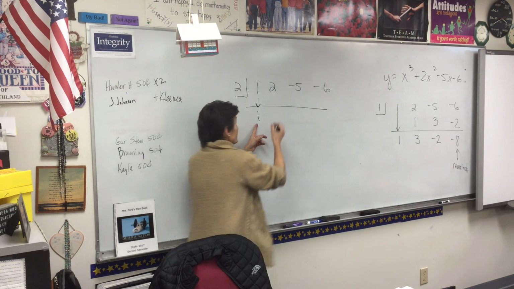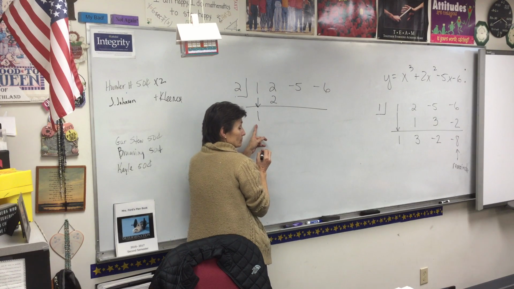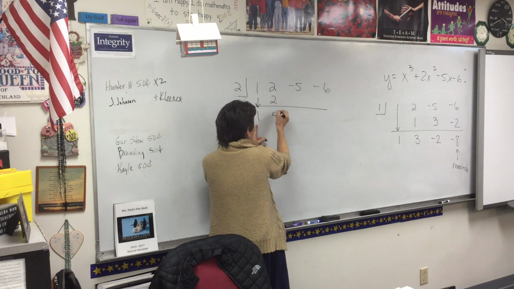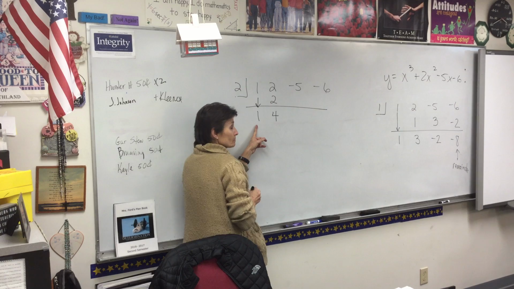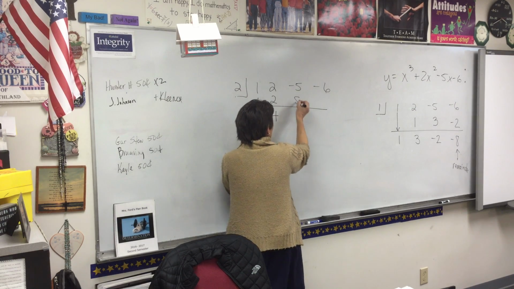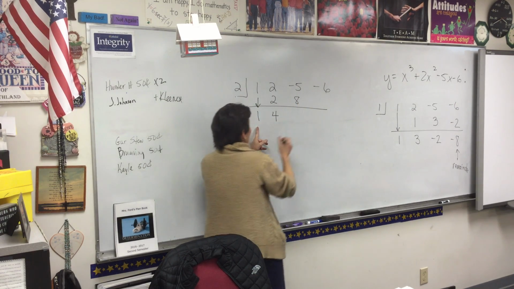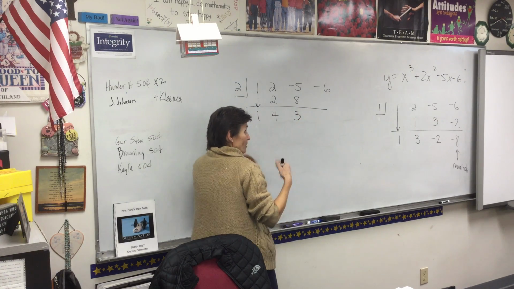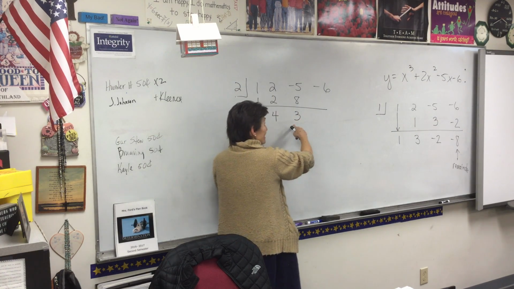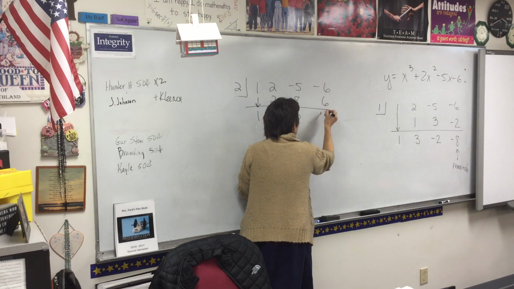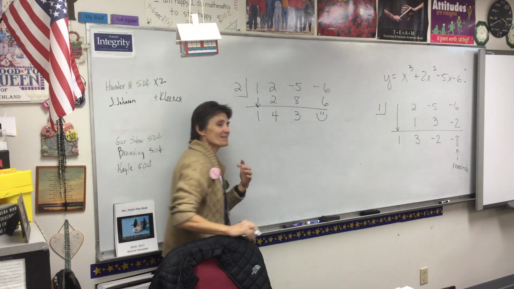So 2 times 1 is 2. Add them and I get 4. 2 times 4 is 8. Add them and I get 3. Oh, you're starting to get excited. 2 times 3 is 6. And add them and you get 0.